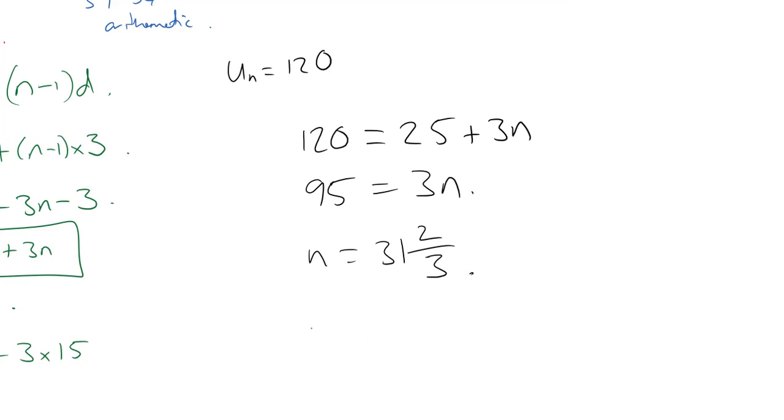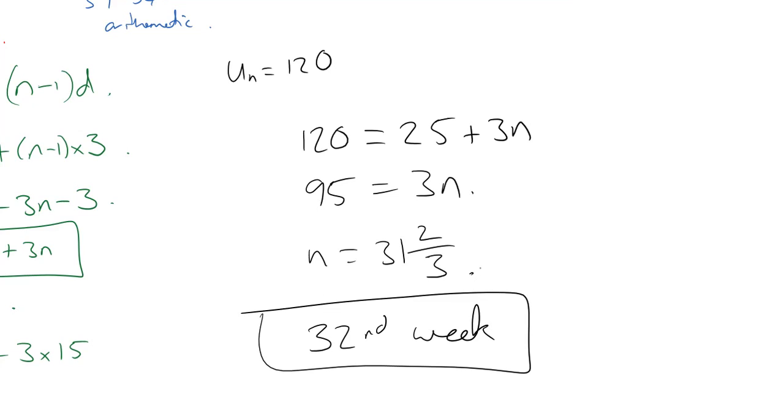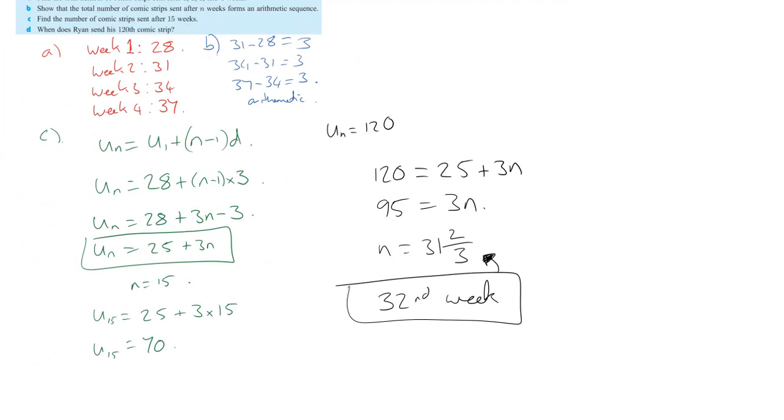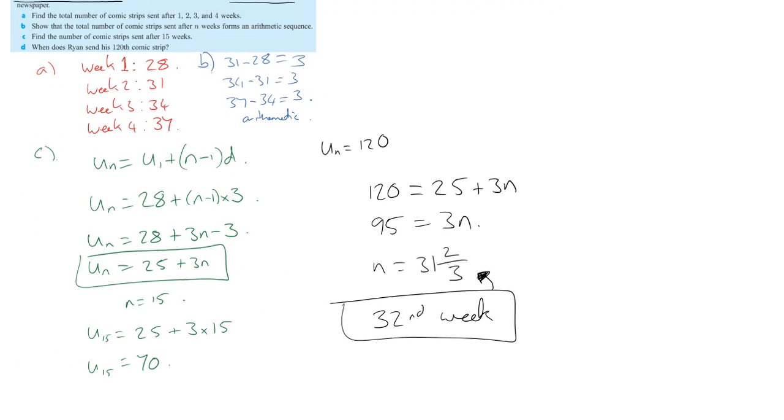So in this case, he sends that 120th comic strip after the 32nd week. And so we have to think about the context once we've got that n value, and read that question again very, very carefully. It doesn't necessarily mean that we round up. You have to read that question.